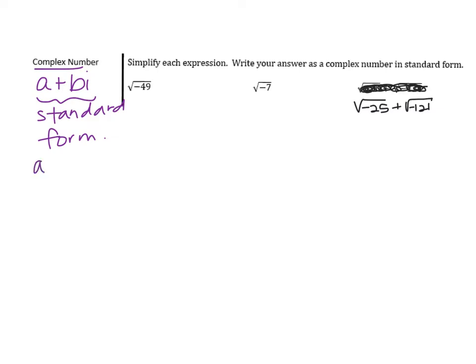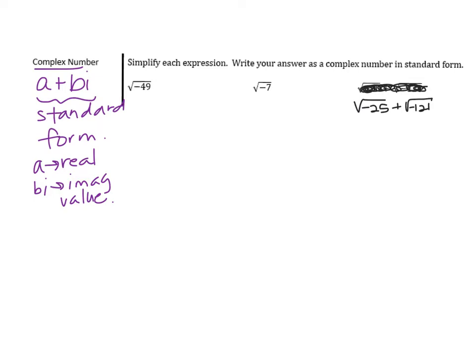The a in front represents the real number or the real value in the solution. The bi part is the imaginary part. It's the imaginary value. I know, it's kind of hard to wrap our heads around this, but what we can do with this information is simplify with negatives on the inside of the square root, and we'll have that letter i in our final answer.